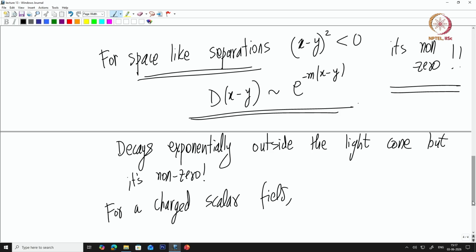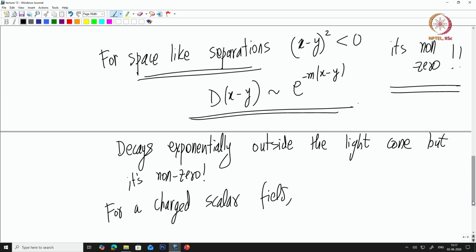For a charged scalar field, the antiparticle is the backward propagation of a particle, as we have seen under the Feynman-Stueckelberg interpretation, meaning t goes to minus t.